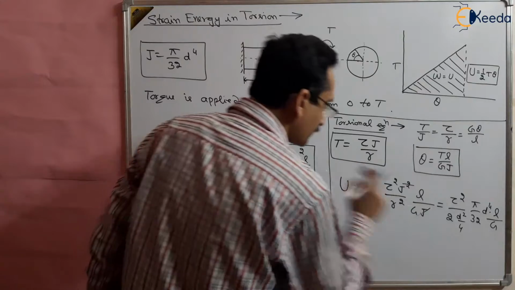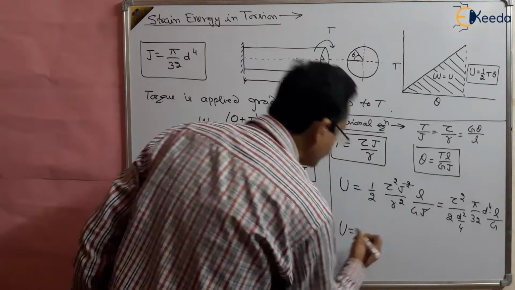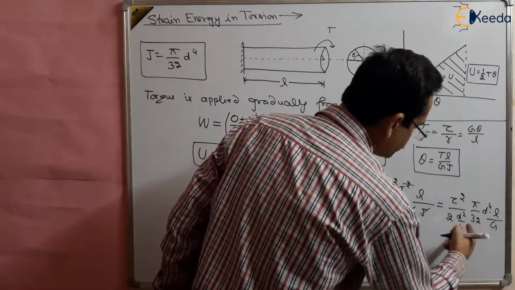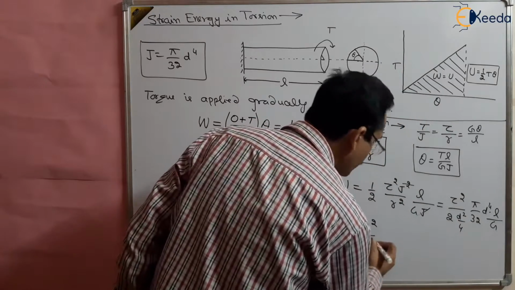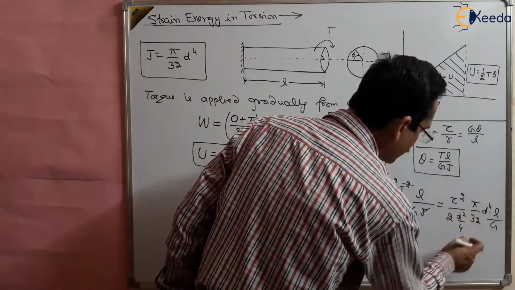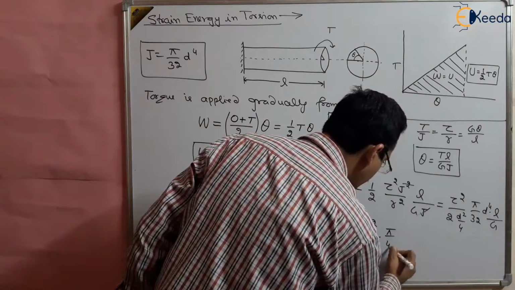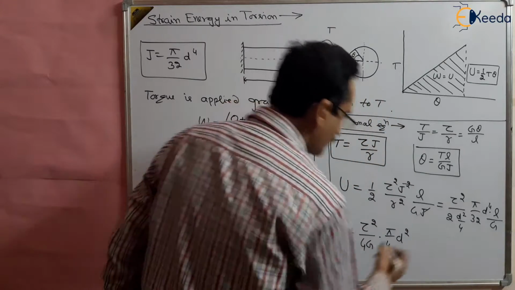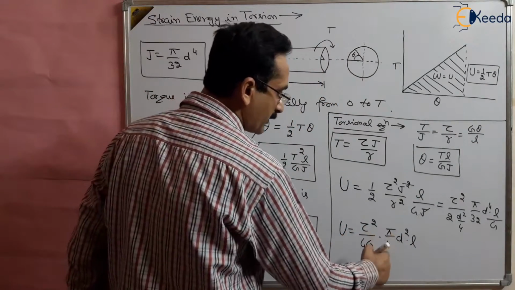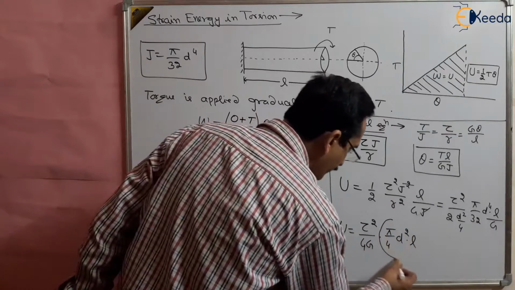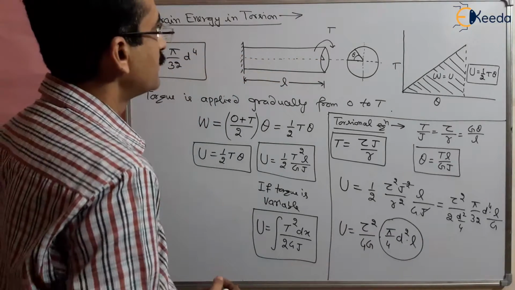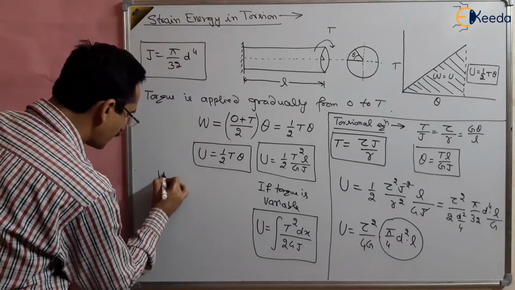From here U will be equal to tau square upon 4G, multiplied by, this will become 2 to the 4 is 16, so pi by 4 d square multiplied by L. So you are getting the strain energy as tau square upon 4G times pi by 4 d square into L. And what is this value, pi by 4 d square L?